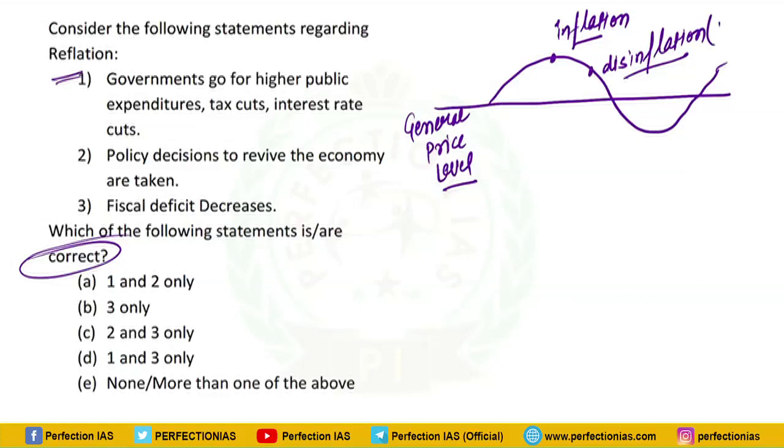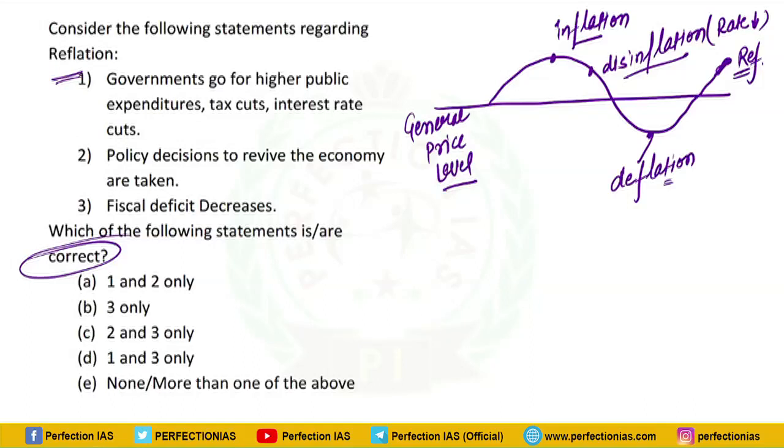Inflation is still there, but rate is now declining. This is scenario of deflation. Deflation means now the price is below general price level. And this is a scenario of reflation. Reflation means now inflation is rising again.